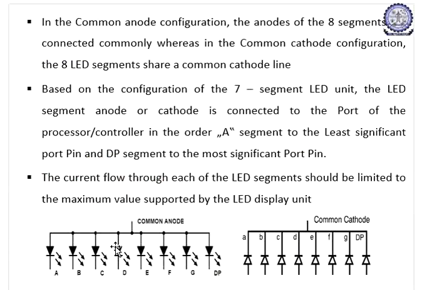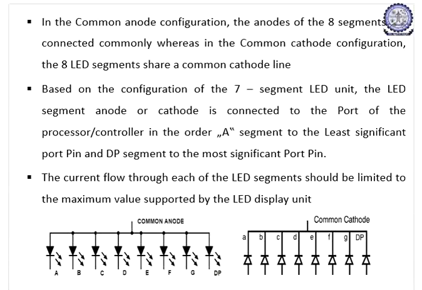In the common cathode configuration, the LED glows with logic 0, and in the common anode configuration, with logic 1, as we have seen in the hardware programs of our lab.